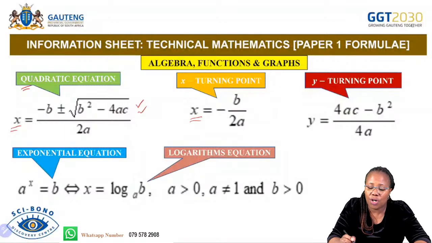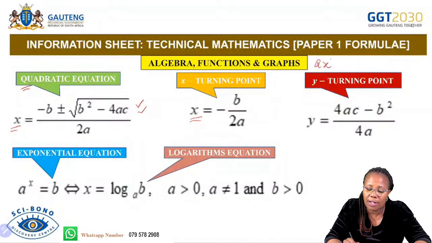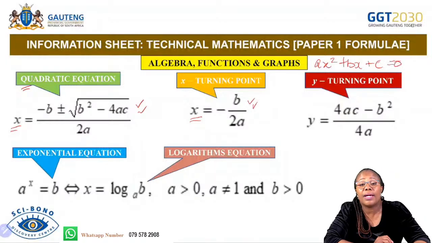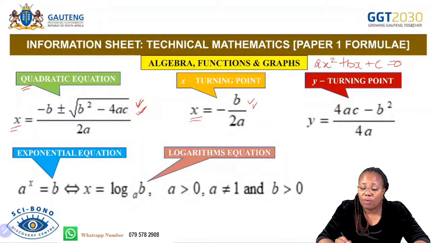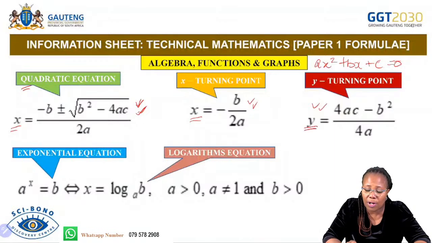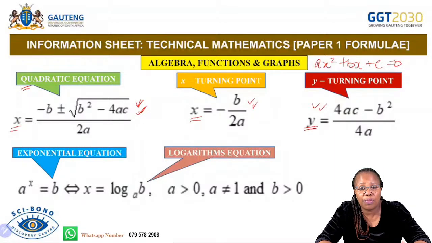It must be an equation of ax squared plus bx plus c equal to 0 in order to apply the x turning point formula. For the y turning point, you can take your x and substitute in the original quadratic given to you, or alternatively you can use this formula to find your y turning point value.